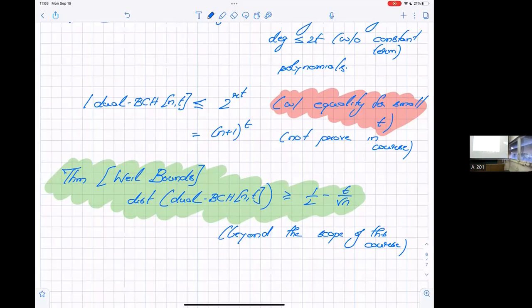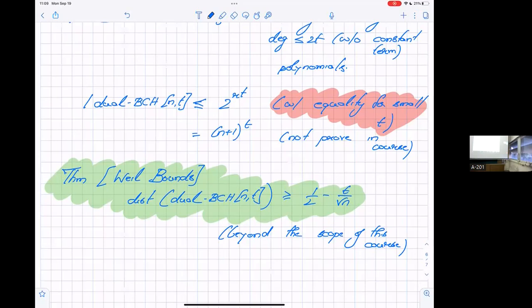That's when the epsilon square and things all match up. But what dual BCH gets gives you t over square root n. So t over square root n is better than this one. So dual BCH and BCH actually outperform Gilbert-Varshamov at their respective ends.